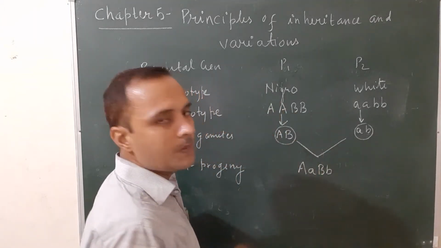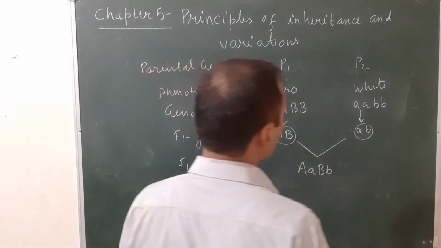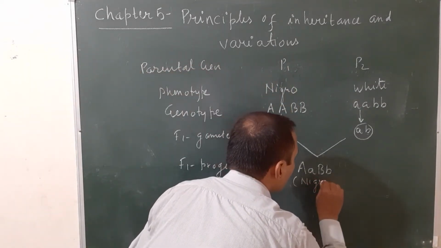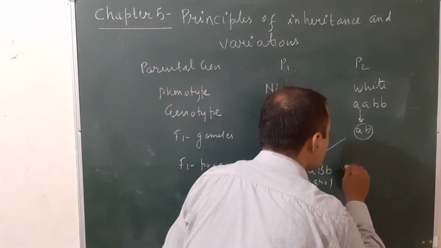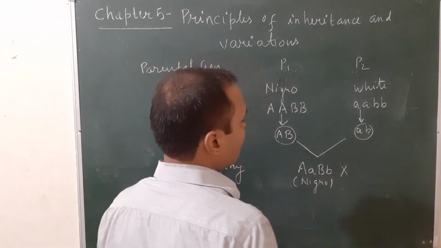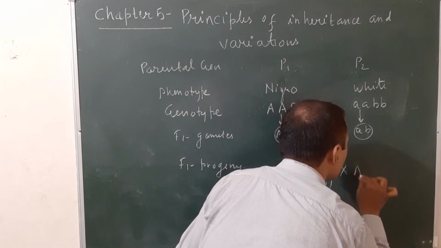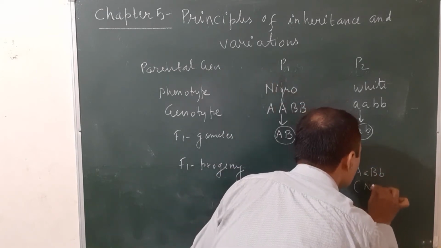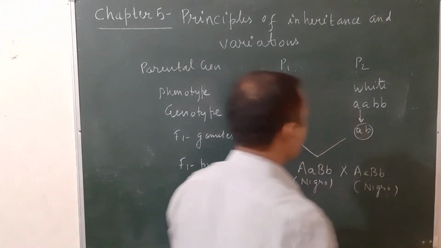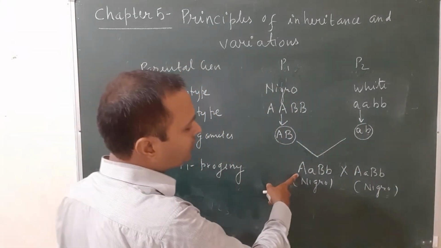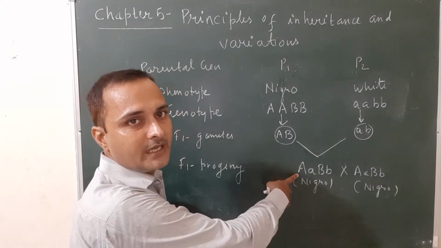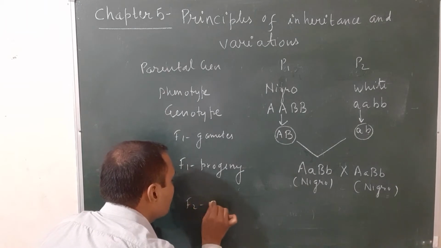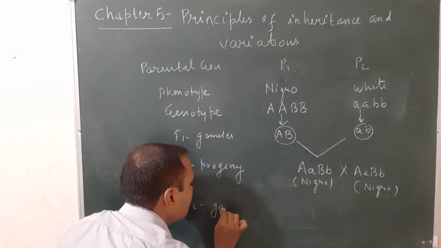This is the F1 progeny, and it will be negro because this is dominant. Selfing will again take place, so again capital A small a, capital B small b, again negro. This parent will produce 4 types of gametes according to 2 power n. This parent also produces 4 types of gametes, the F2 generation gametes.